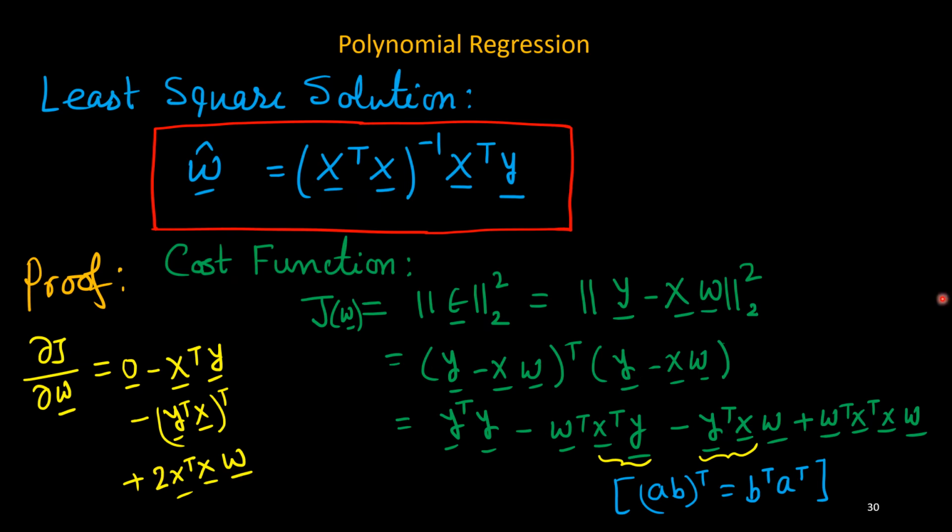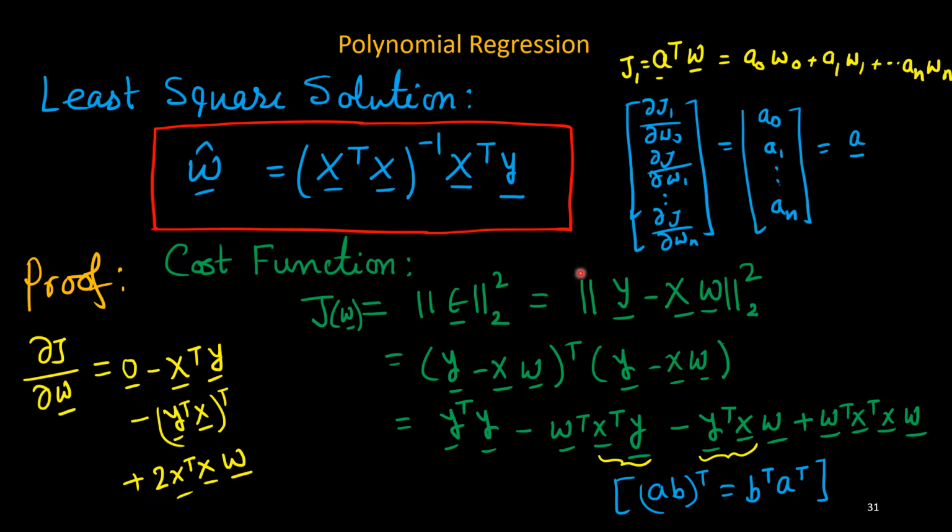Basically, suppose J1 is a transpose w, the dot product. Then the partial derivative of J1, del J1 del w0, if I take the derivative, I'll get only a0. Del J1 del w1, I'll get only a1. Similarly, for the last one I'll get an.